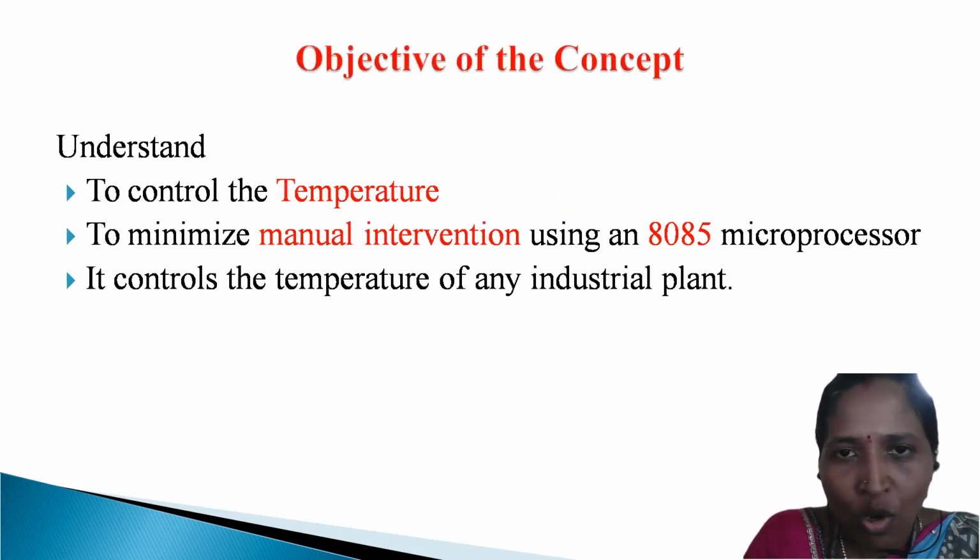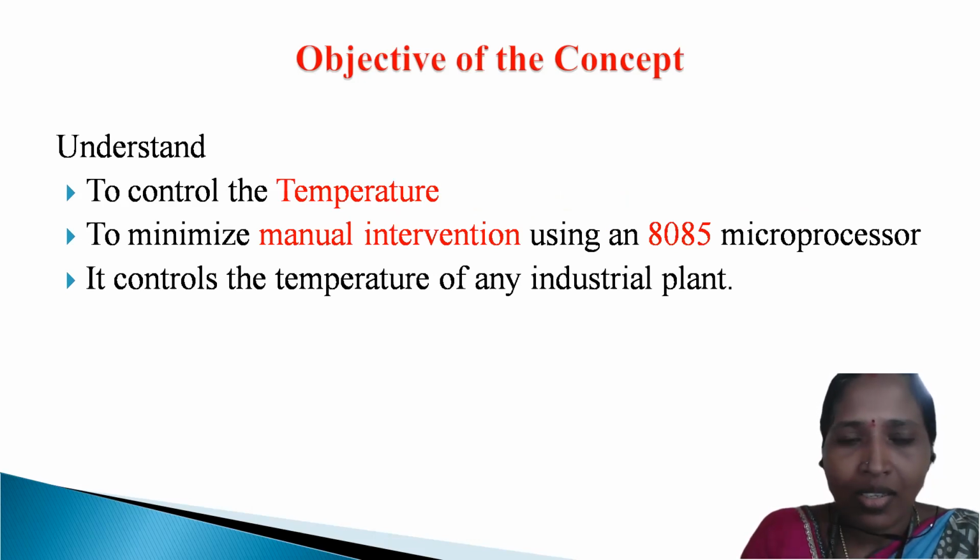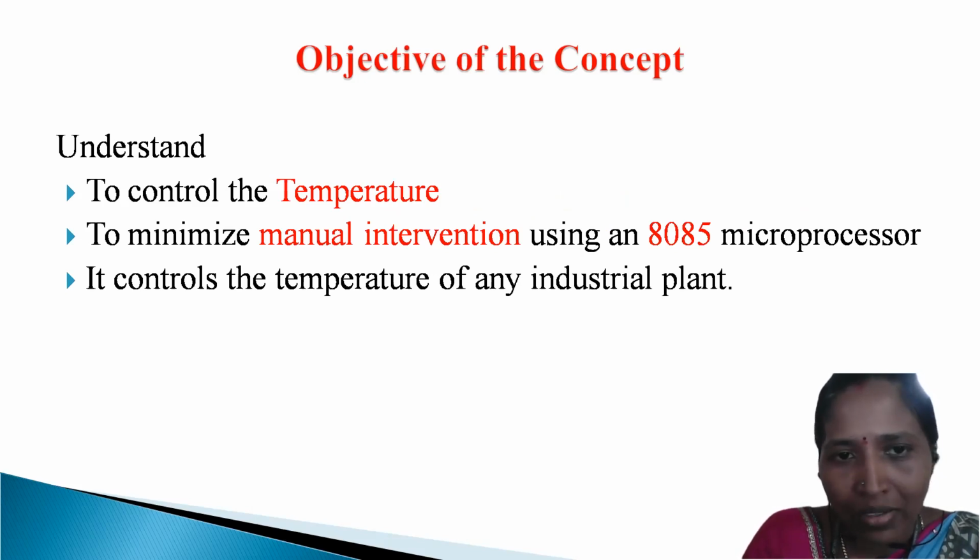The main objective of this concept is to understand how to control the temperature. The next objective is to overcome manual effort and reduce manual intervention by using the 8085 processor.